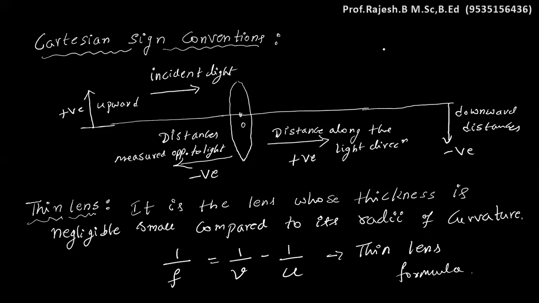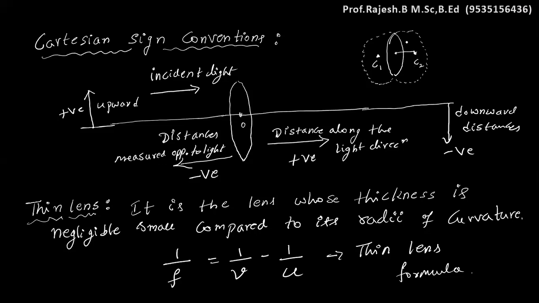See, when I take an example of a convex lens, it is imagined to be formed due to two spheres like this. Hence we can expect two centers of curvature for that: center of curvature 1, center of curvature 2.